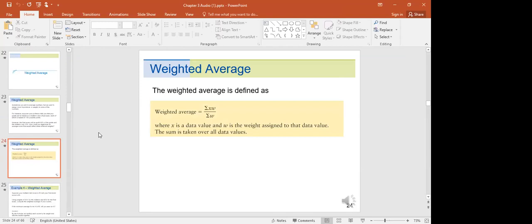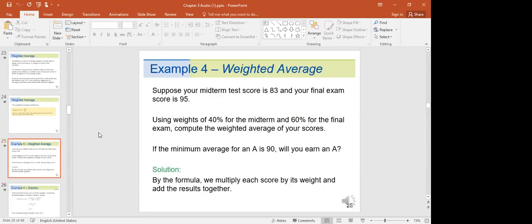So to compute the weighted average, we assume that the weight is W and the score X will be multiplied by the weight, and we will divide by the sum of the weights. For example, suppose your midterm score is 83 and your final exam score is 95. Using a weight of 40% for the midterm and 60% for the final exam, compute the weighted average of your scores.